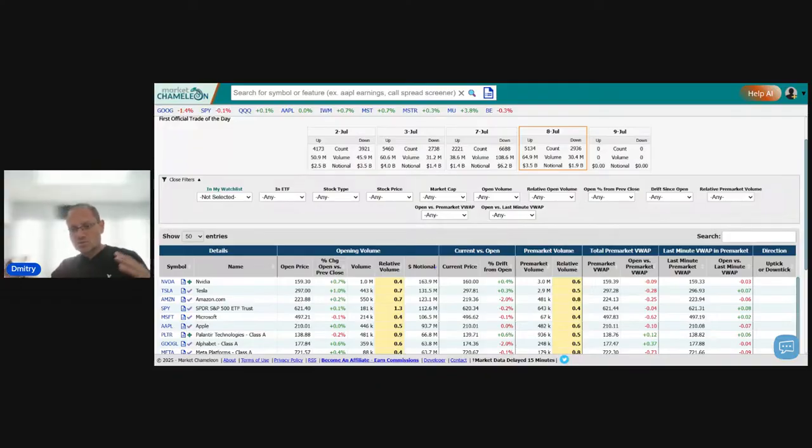The specialist takes all the orders, the buys and sells. If there's an imbalance, he may participate out of his inventory and will open it up at the most balanced price.